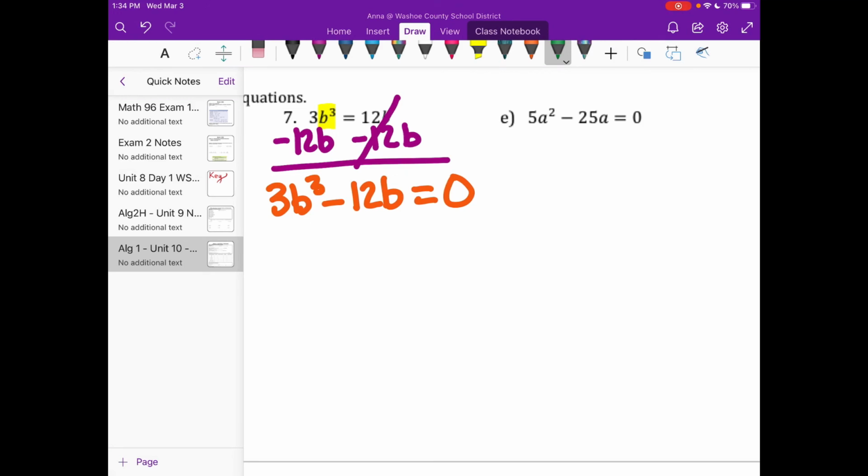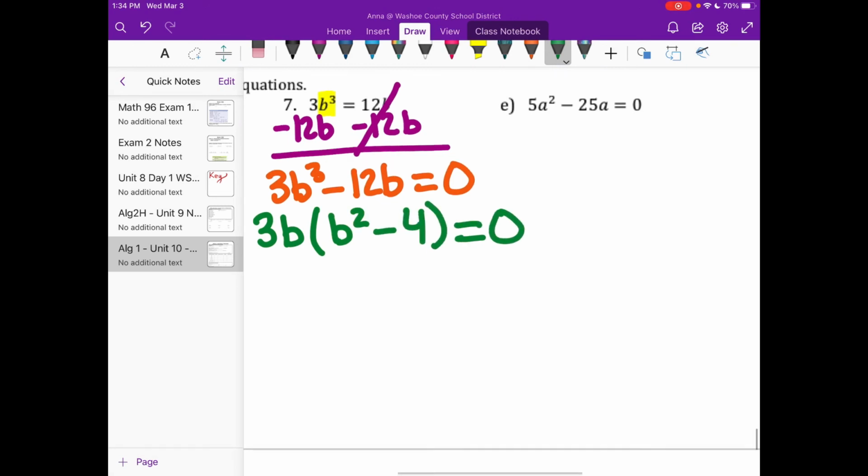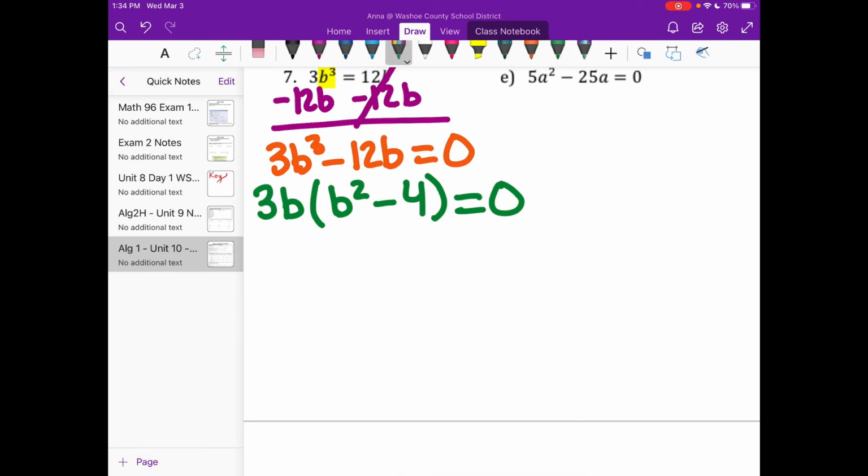Sweet. Okay, first things first, let's see if we can take anything out here. So 3b cubed and 12b. Well, I can definitely take out a 3 and a b. So I'm left with b squared minus 12 divided by 3 is 4 equals 0. One more time, guess what we got inside?